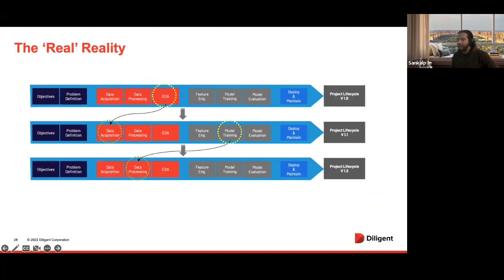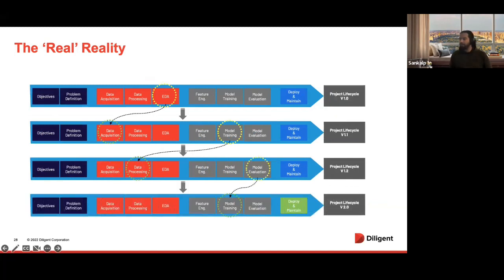And each time you'll have to do a life cycle switch wherein you are going back in time and fixing certain things and thereby resuming work on all the subsequent steps, right? And this may happen multiple times before you arrive at a solution that's good enough to be deployed. So that's kind of how it typically would work in the real world.